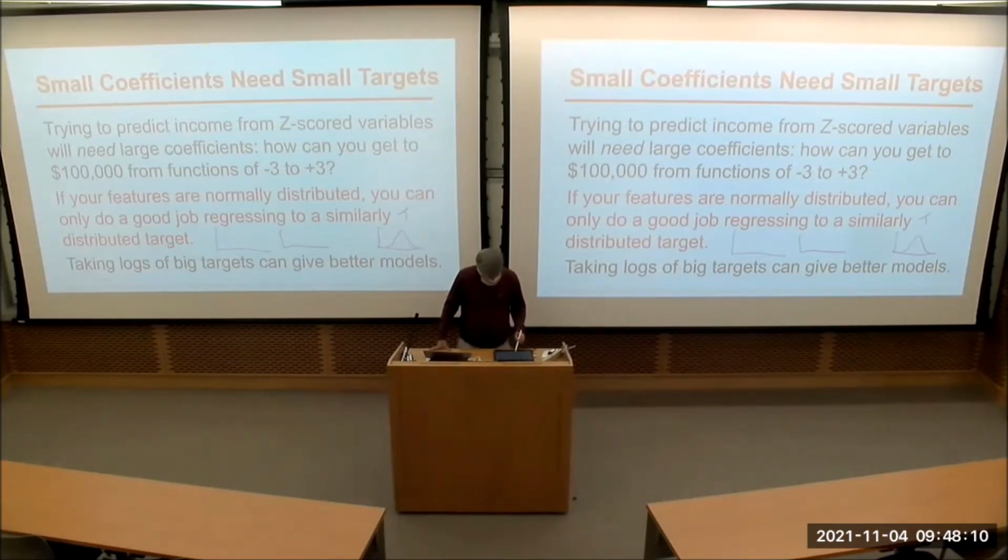We talked about this: if I want to make this distribution by adding constants times other distributions, the distributions ideally should have the same shape. This is why we talked before about power law shaped features.